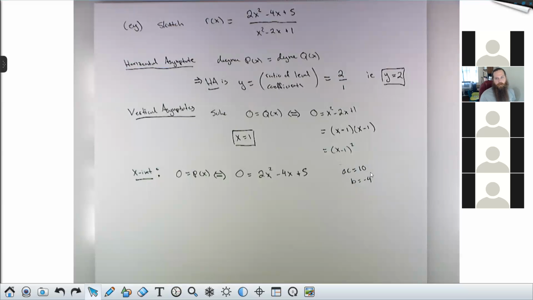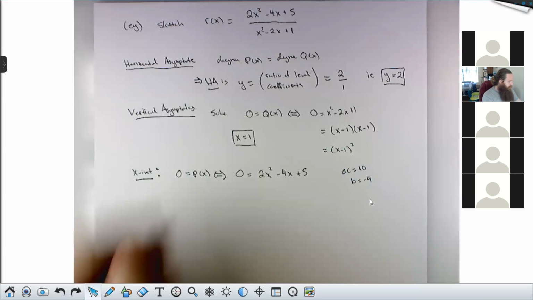I don't think so. Divisors of 10 are 10, 1, 5, and 2. And none of those will add to -4. In fact, because this is negative, you know that either both need to be negative or one needs to be negative, one needs to be positive. And this is positive, which tells us they both have to be the same sign. So they'd have to both be negative, but two negative numbers that add up to -4 can't possibly multiply to 10. They're too small.